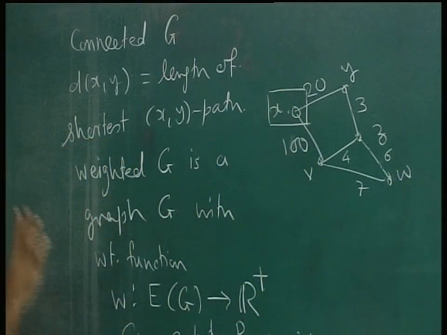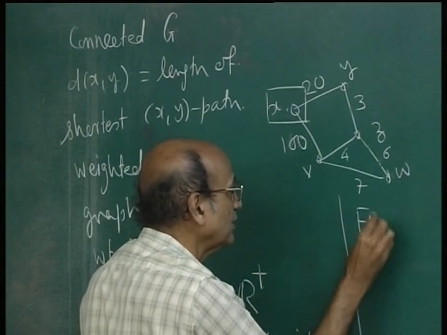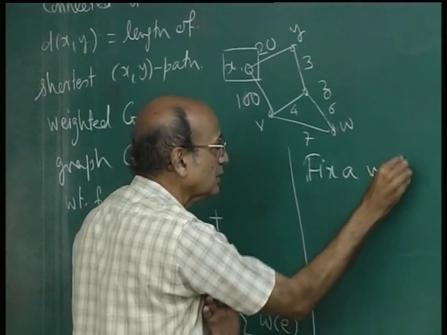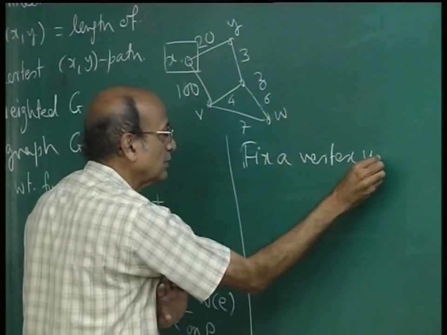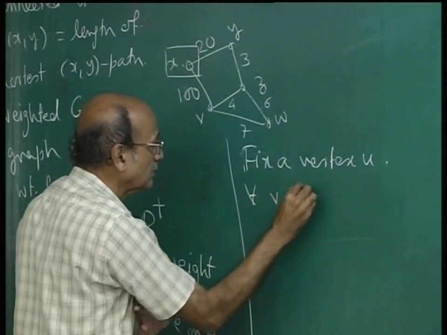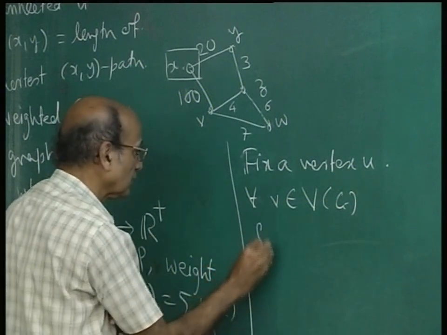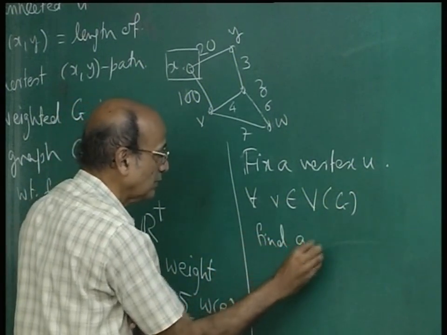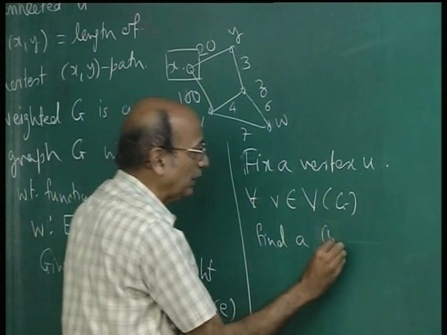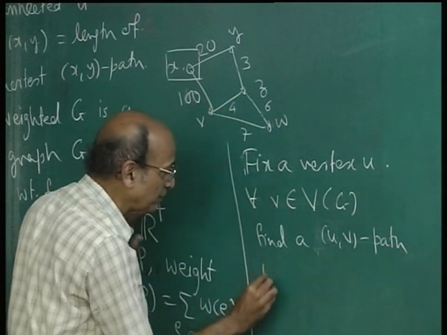Okay? So what we are looking for is: fix a vertex u, and for every vertex v, find a u-v path with smallest weight.